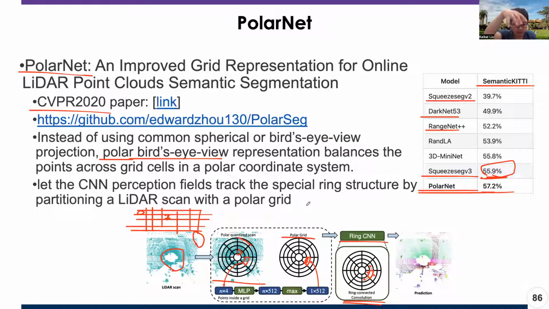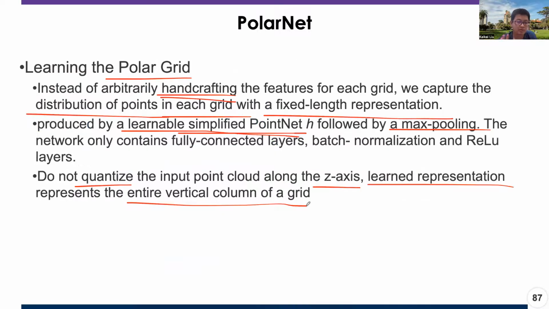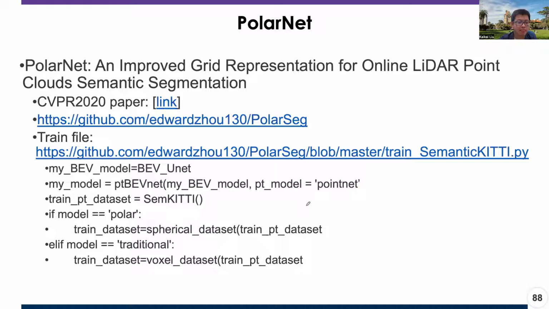The polar grid is a bird's eye view. They didn't do any downsampling or quantization of the points in the z-axis, only using PointNet to learn the feature. And this is one of the major improvements: they learn the feature, not simply use handcrafted features.